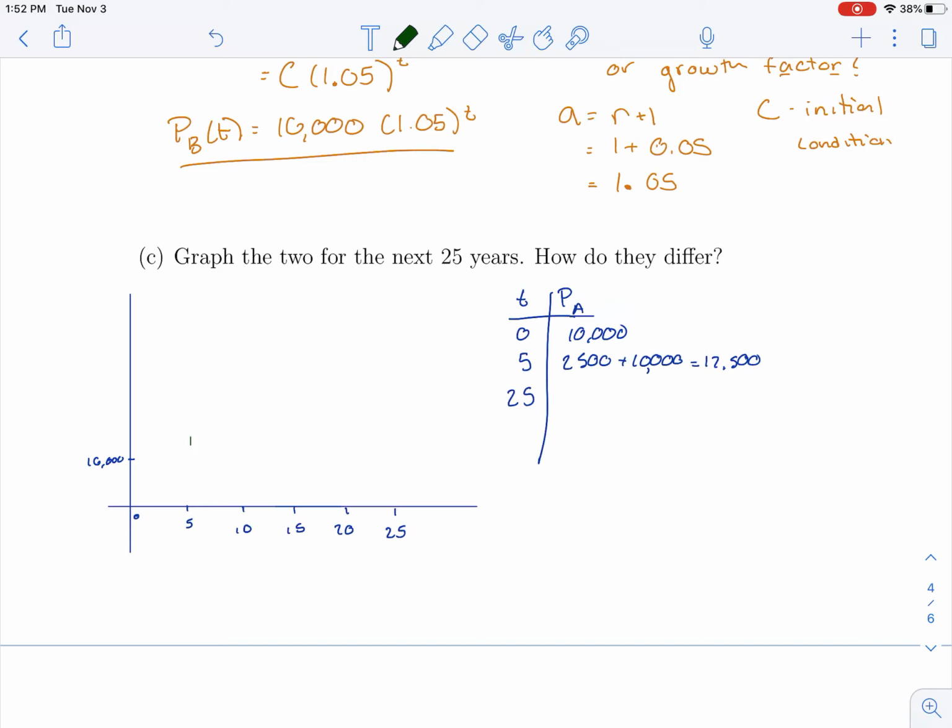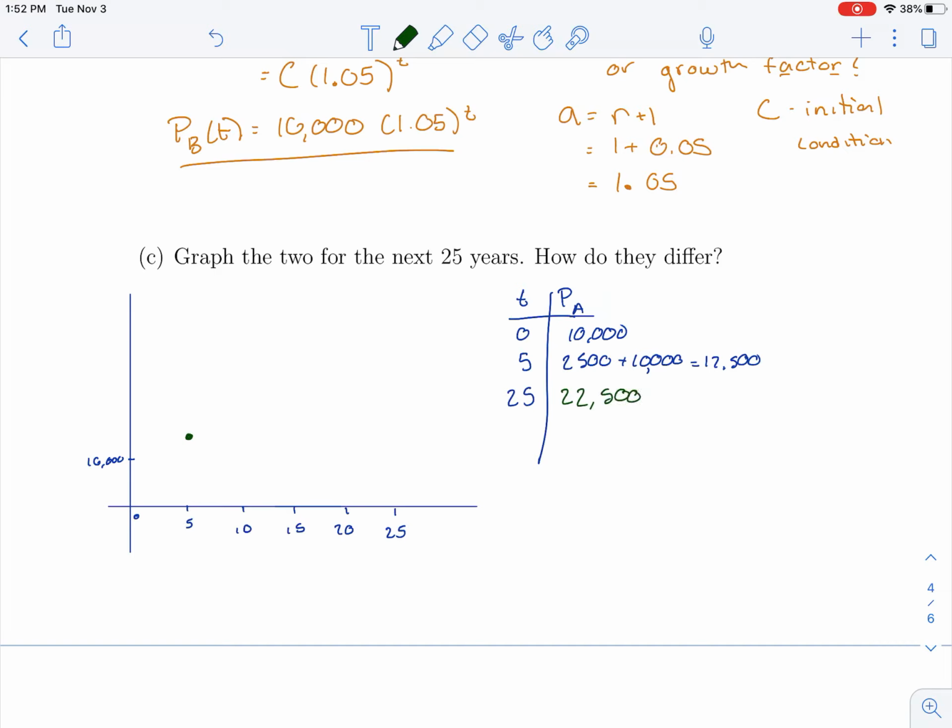I'm just doing this to get a point on the graph, right up here. And after 25 years, 25 times 500. I'm doing this on my calculator by hand. You cannot see that. I get a total of 22,500.